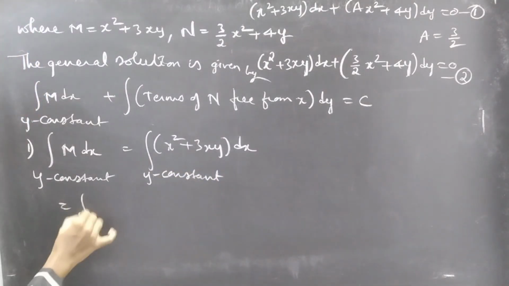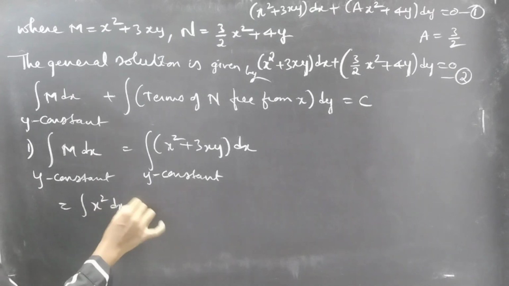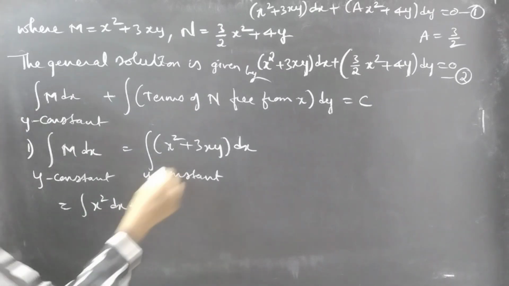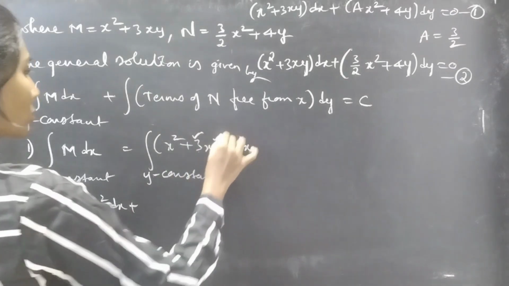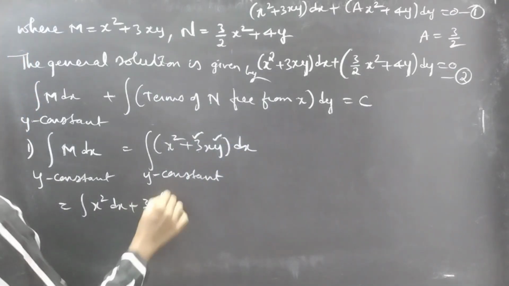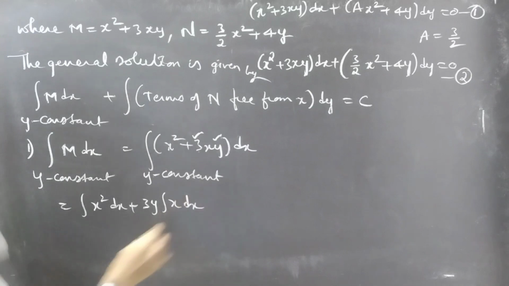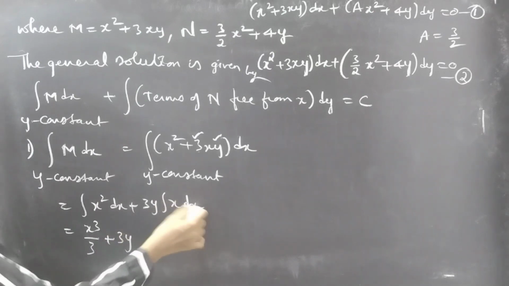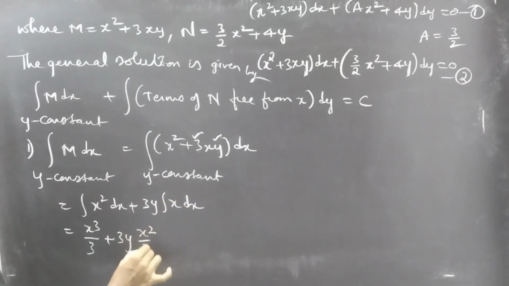We can write this as integral x square dx plus integral, see here y is constant, so in the second term 3y is constant, so we can write this as 3y into integral x dx, right? This equals integral x square dx is x cube by 3, plus 3y into integral x dx is x square by 2, right?